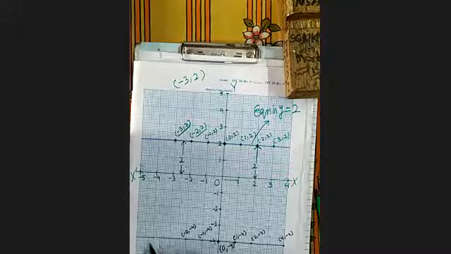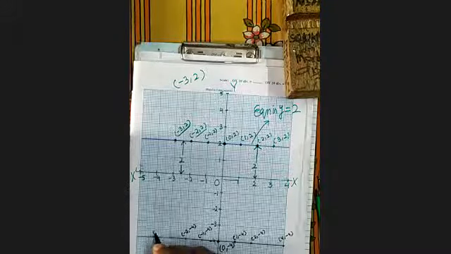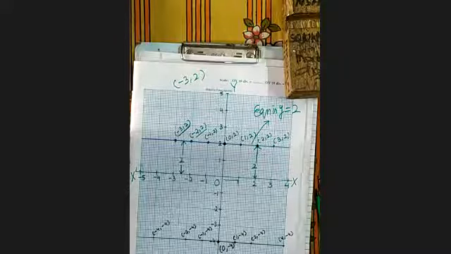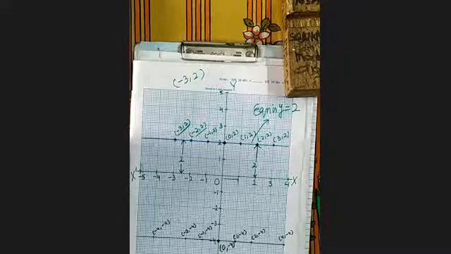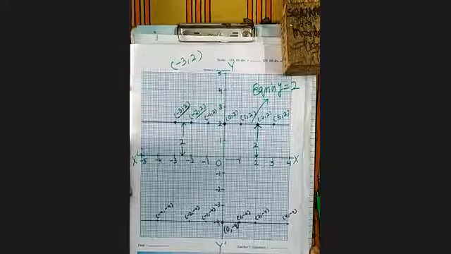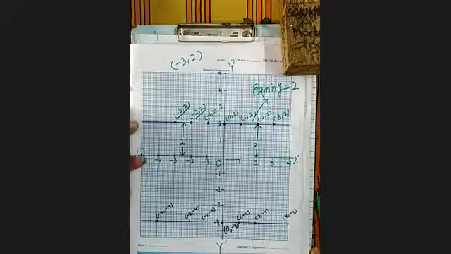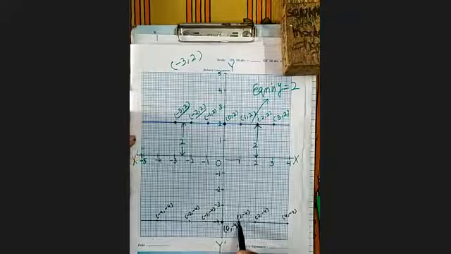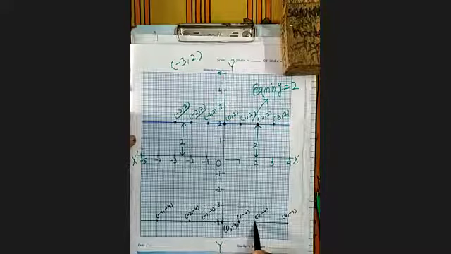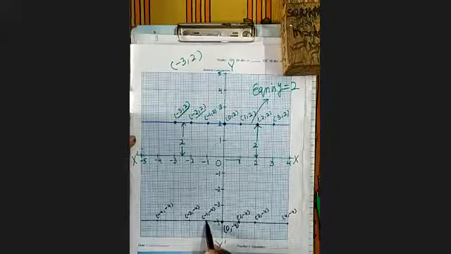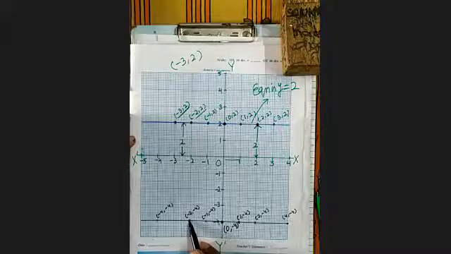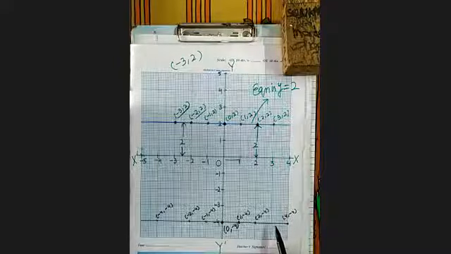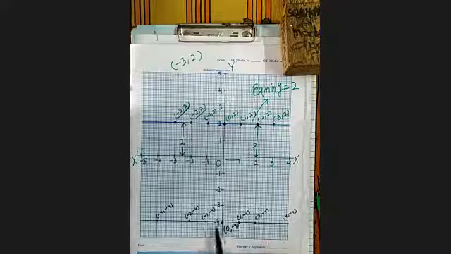It's clear? Which coordinate is the same here? The y coordinate, -4. So what will be its equation?